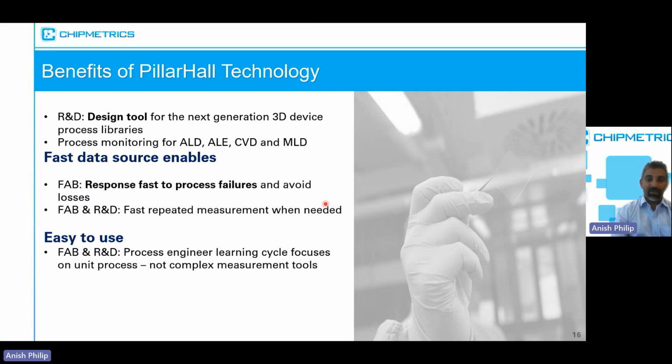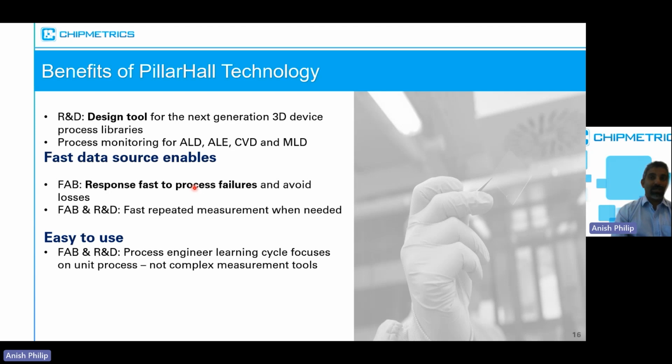With this, we have already seen the benefits. The most important benefit of utilizing these PillarHall chips is that it is very quick, so it will speed up your R&D process, especially in the fab.